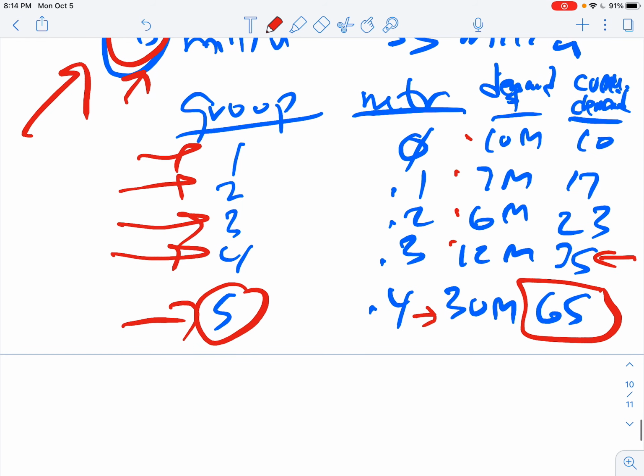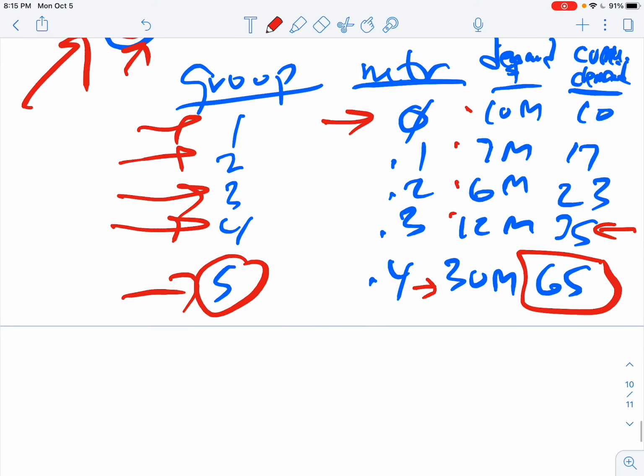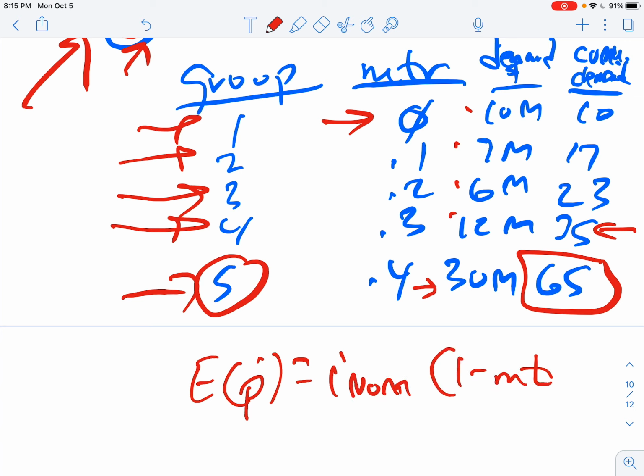And Group 0, by the way, is often pension funds. Pension funds are pass-throughs. They have a 0 marginal tax rate. So if you think about it, expected inflation in equilibrium equals the nominal interest rate times 1 minus the marginal tax rate.